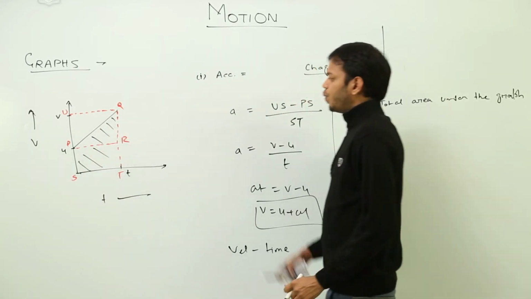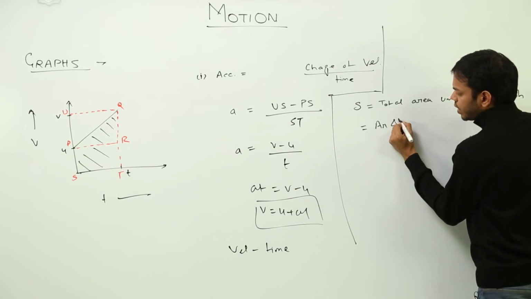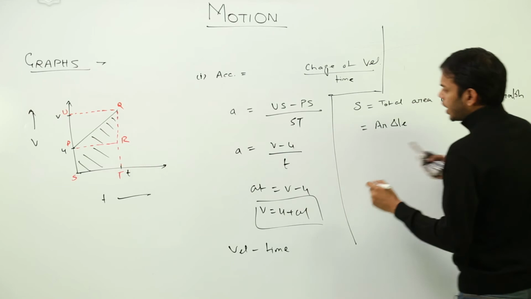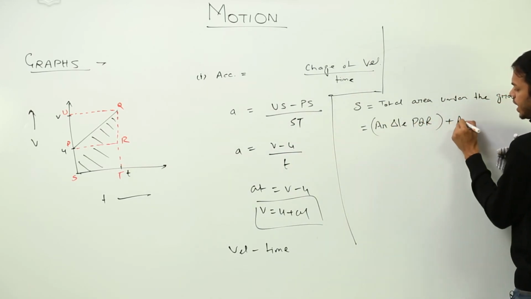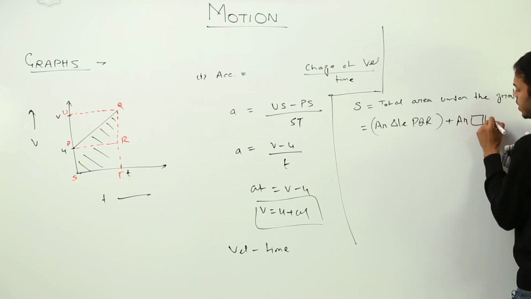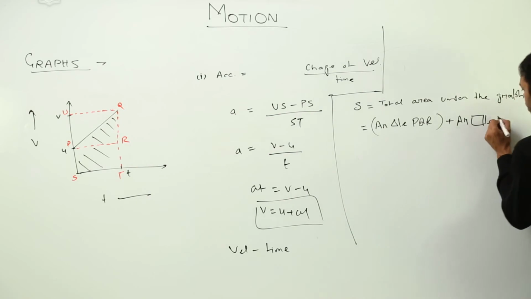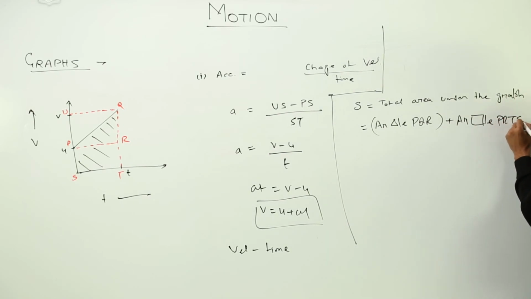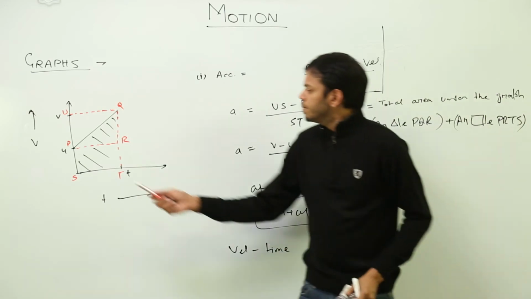Okay, so we have the area of triangle PQR plus area of rectangle PRTS, right? These two. Now what is the area of triangle PQR?